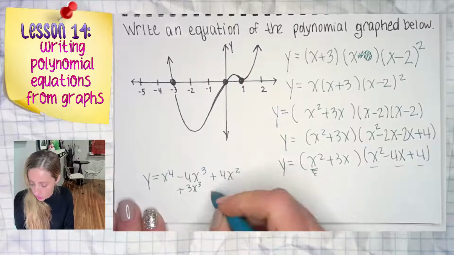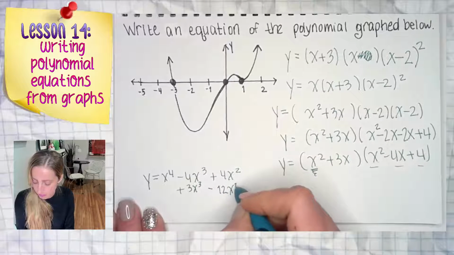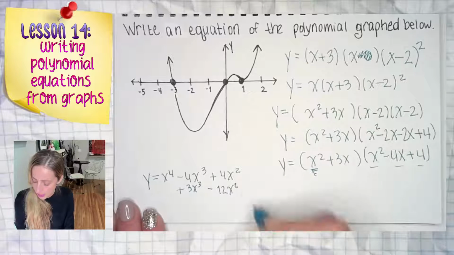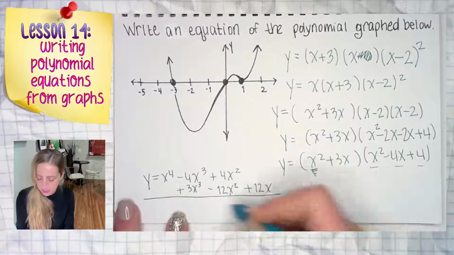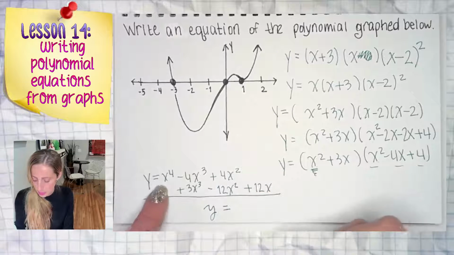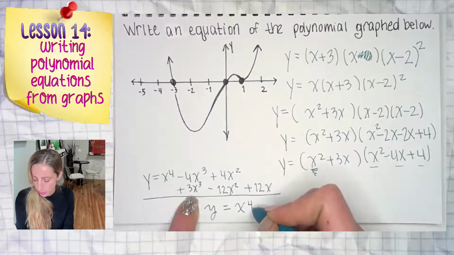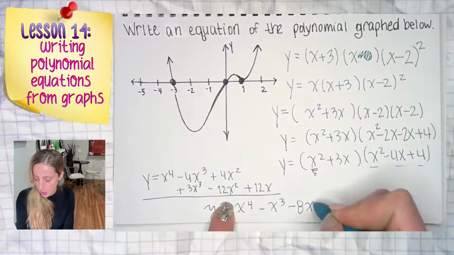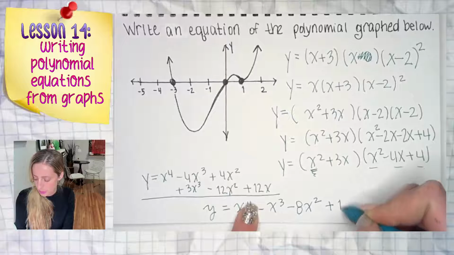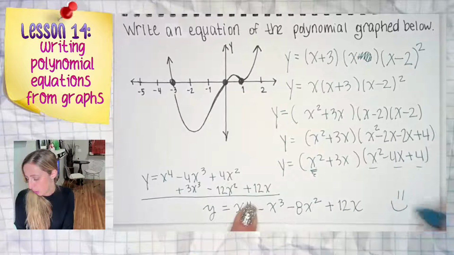Minus 12x squared, I'll put it under here. Plus 12x, I'll stick that right here at the end. Final answer, ladies and gentlemen, x to the 4th minus x to the 3rd minus 8x squared plus 12x.